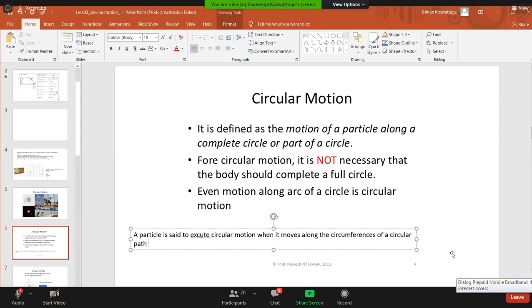This can also be considered a definition for circular motion.